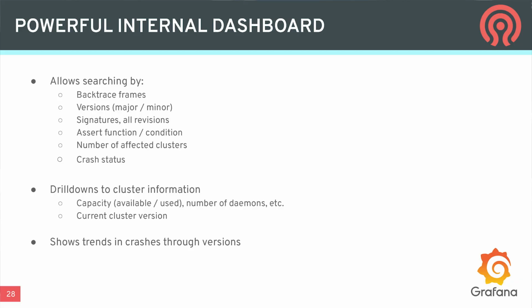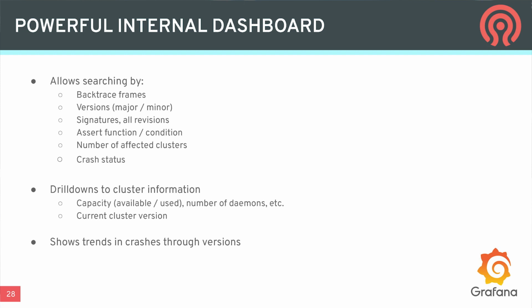We have a very powerful internal dashboard for the crashes, which allows searching by frames in the backtrace, by major or minor versions, by all revisions of signatures, and assert function or condition.